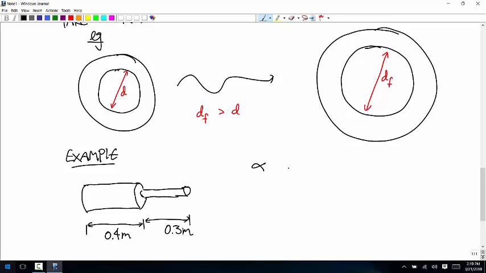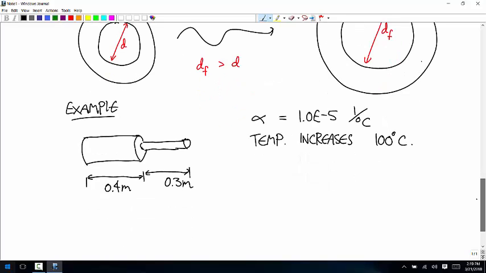Say the material has a coefficient of thermal expansion of 1.0 times 10 to the minus 5, 1 over degrees Celsius. And the temperature increases 100 degrees. And we want to calculate the change in length due to temperature change, delta T.